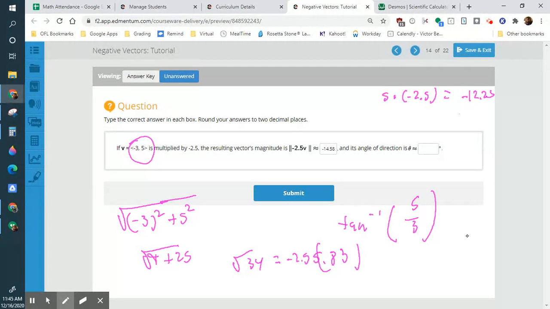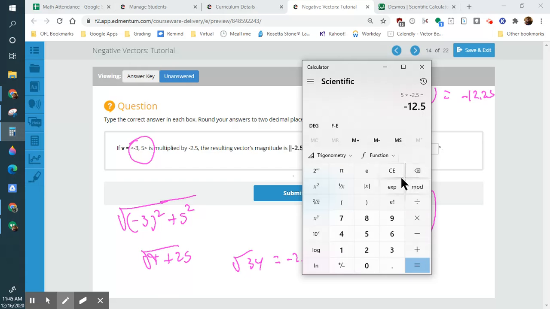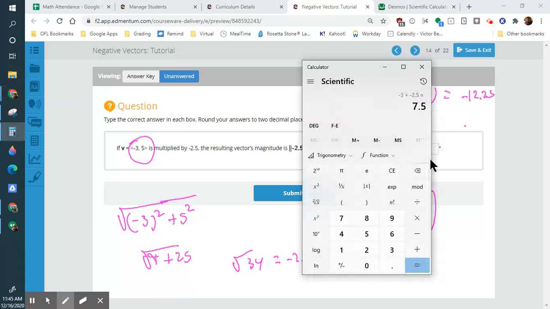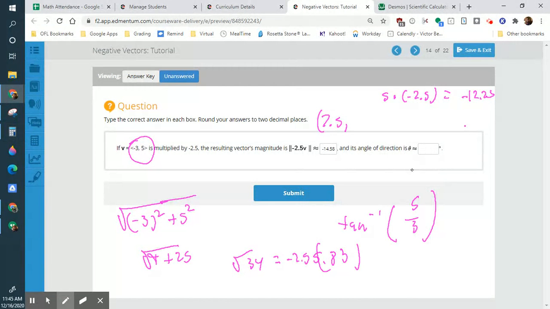That's going to be our y component, and our x component is negative times 2 times negative 0.25. Why would you put the negative afterwards? Well, that's just going to be positive. So it's 7.5. So we have 7.5 comma negative 12.25.